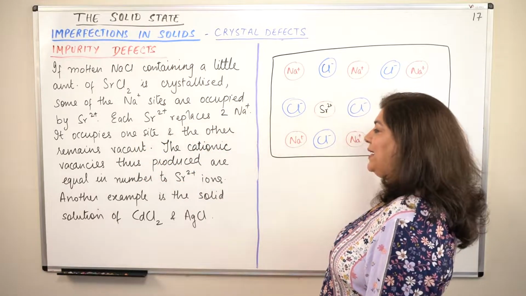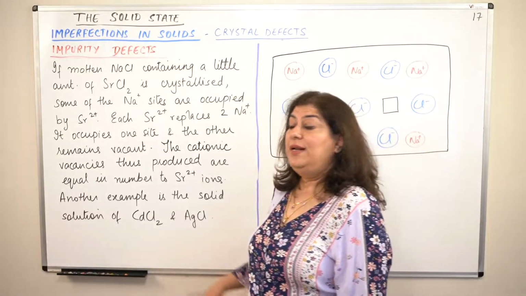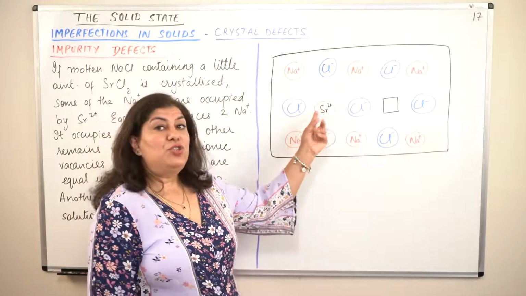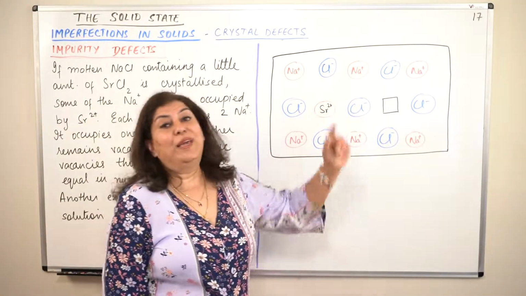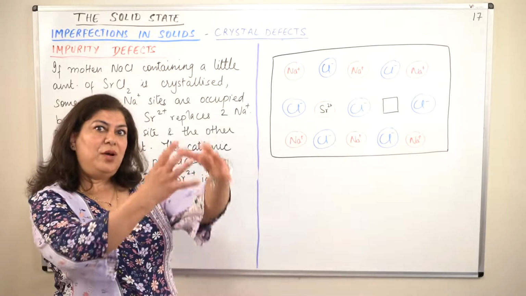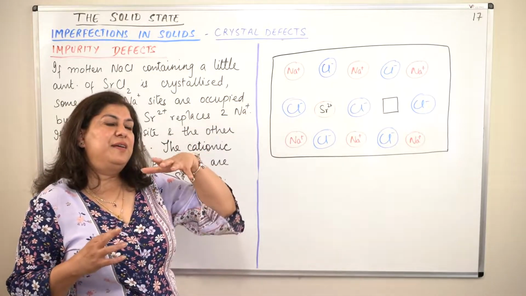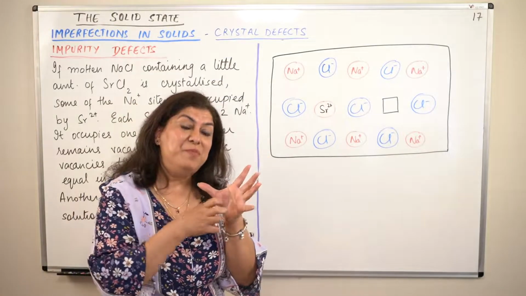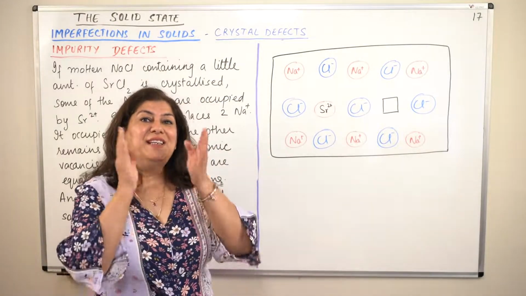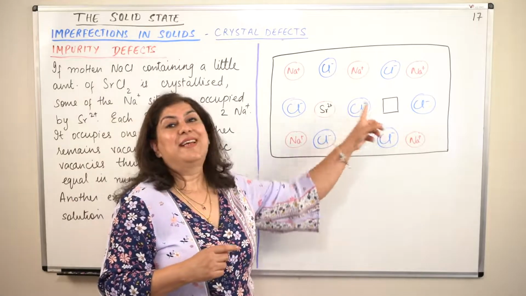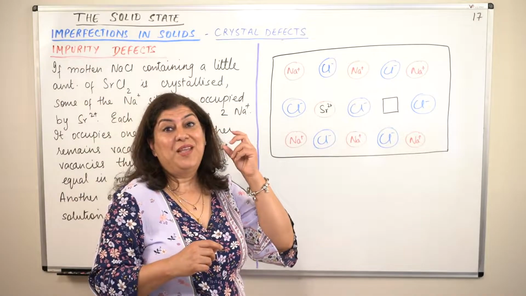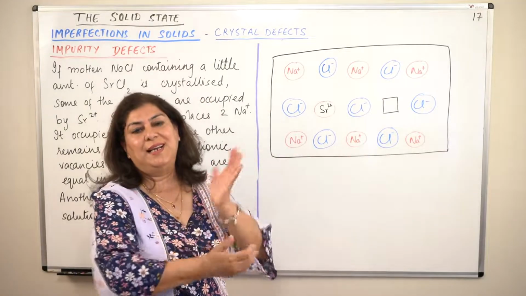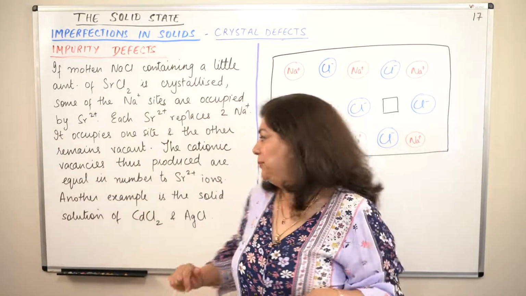The cationic vacancies thus produced are equal in number to the strontium ions. Obviously, for every strontium, there will be 1 vacancy created. So in the entire crystal, if there are, let us say, 10,000 strontium ions present as impurity, there have to be 10,000 vacant cationic sites, because those many sodium ions will have to be missing in order to maintain electrical neutrality of the crystal.